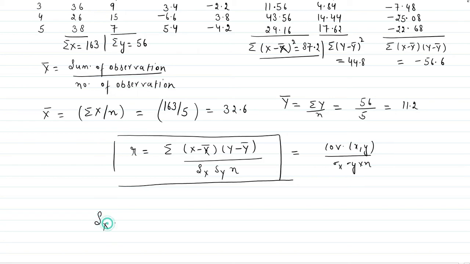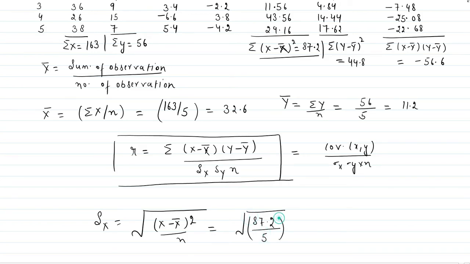So sx is equal to the square root of the summation of x minus x bar whole square upon n. The value we found is 87.2, divided by n, which is 5, the number of terms we have taken in our data, which comes out to be 4.17. That is our sx.